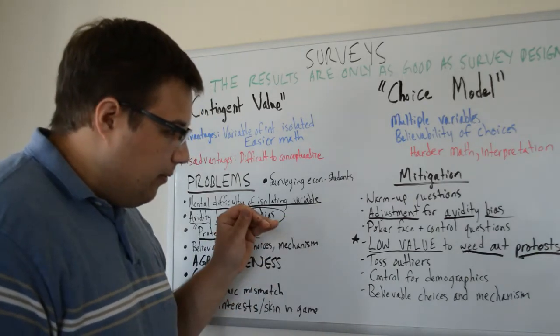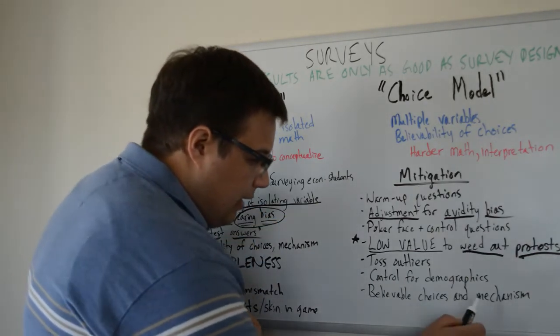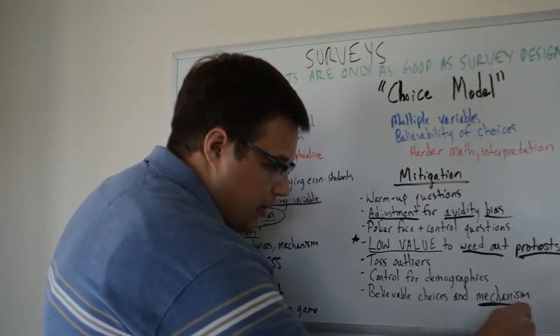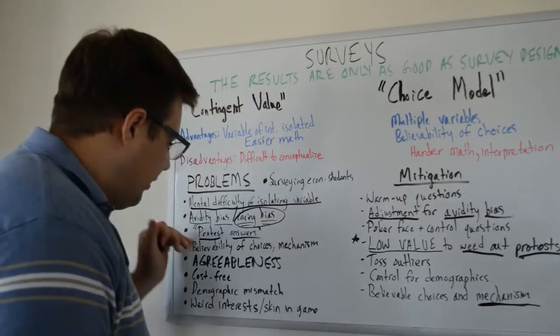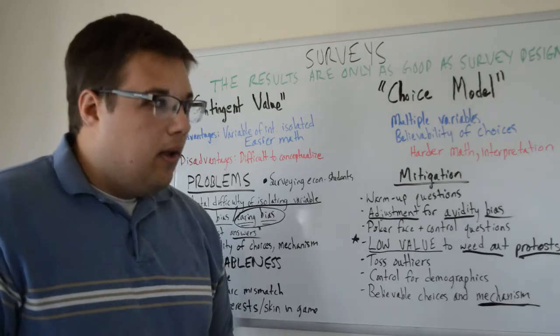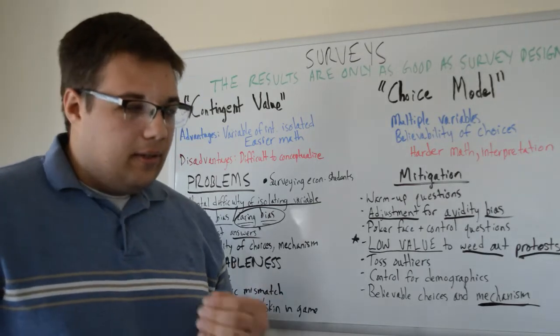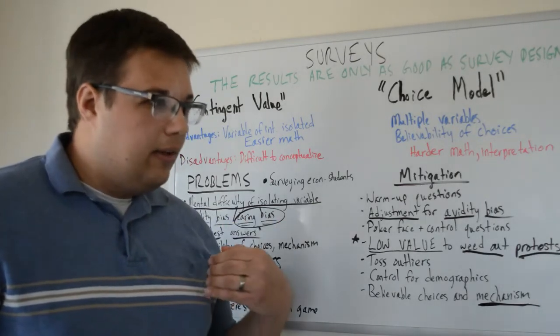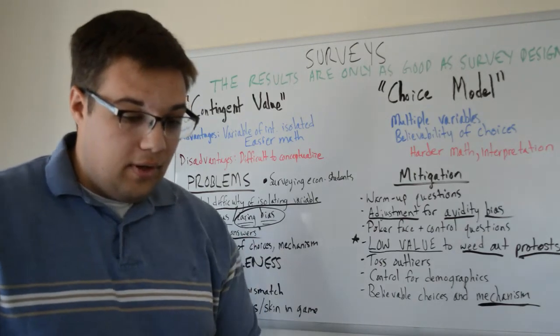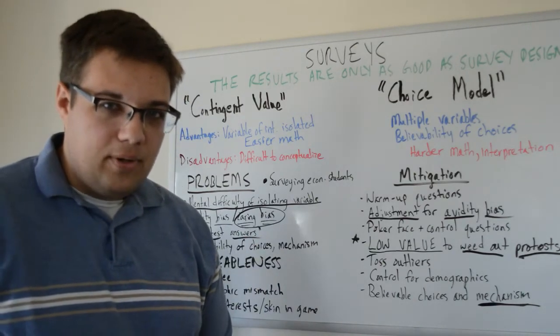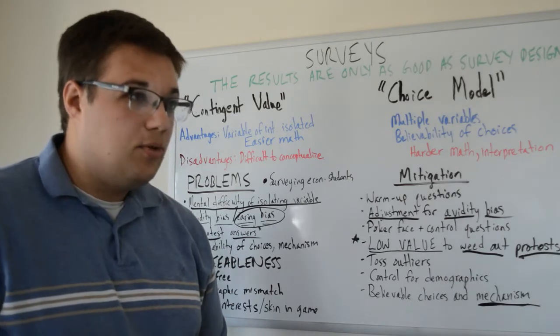And then the other way you can get around it is to have a believable mechanism. So if you know you're in a place where you're likely to get a lot of these protest answers, don't leave it vague, and don't use authorities that are far away as your proposed mechanism. Say, would you be willing to pay to the county?